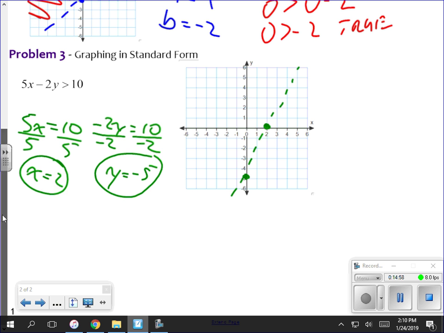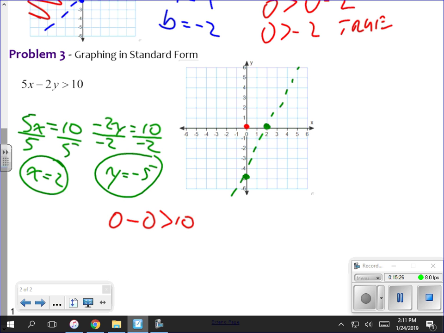What you have to do is pick a point and test it. The easiest point to pick is 0, 0, the origin. Pick the easiest number. As long as the line does not pass through the origin, pick the origin. Put in 0 for x and 0 for y. 0 for x minus 0 for y greater than 10.